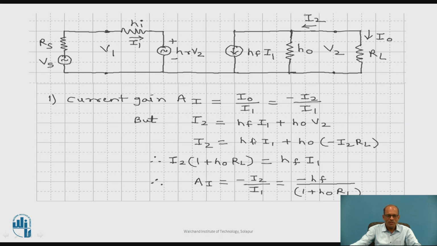So in this next step replace V2 by minus I2 RL, and now collect the terms of I2 on the left hand side. We get I2 in the bracket 1 plus HO RL equal to HF I1, and therefore the current gain AI is minus I2 by I1, that is minus HF upon 1 plus HO RL.